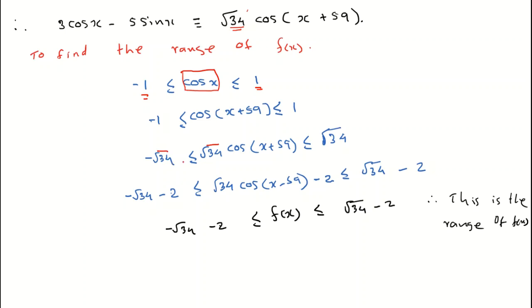Minus 1 into root 34 is minus root 34, root 34 cos x plus alpha, and plus 1 into root 34 is root 34. And in the question there is a minus 2 also in front of this thing. So we add minus 2 to all three places here.